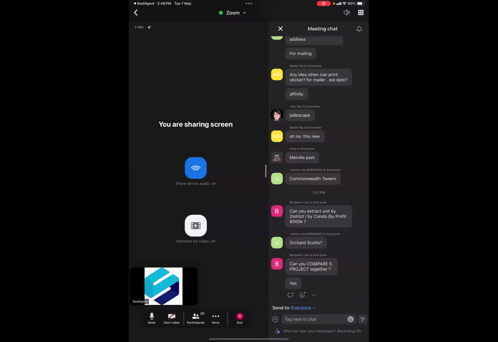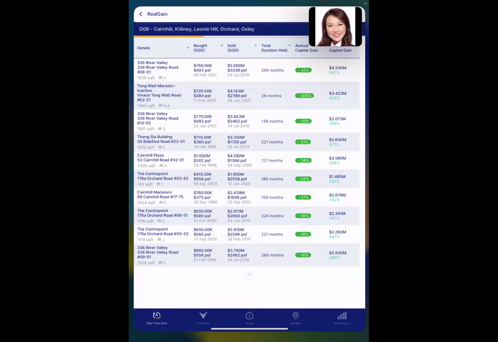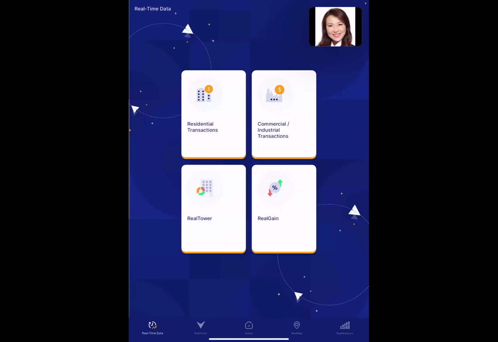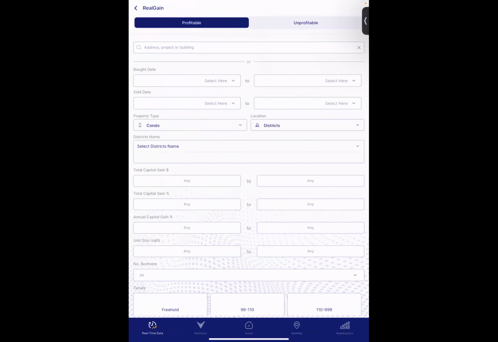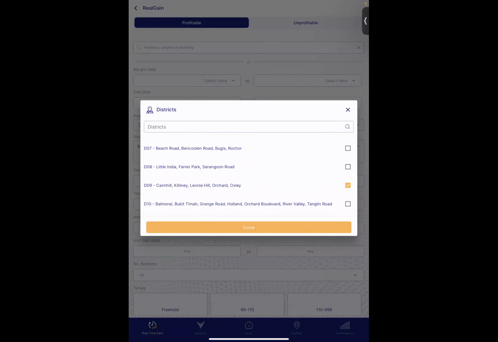Sorry, just now when I tried to do D9 and followed through, I could not generate the response. Can you go through again? Yes. The way you do it is down here, View Gain. Instead of MRT station, I search by district, and then I choose D9.